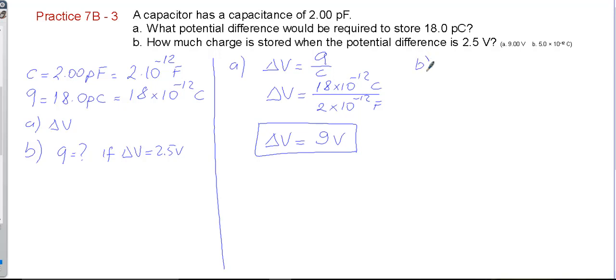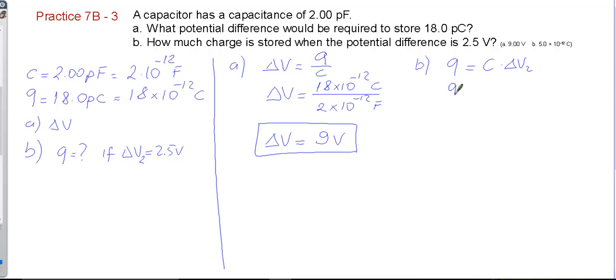B. It says what is the charge stored. Since the capacitance of the capacitor is constant, in order to calculate charge here, I will say Q is equal to C, which is constant, multiplied by delta V2 now. The delta V2 here is 2.5. It's not the potential we used before; the potential changed, it says.